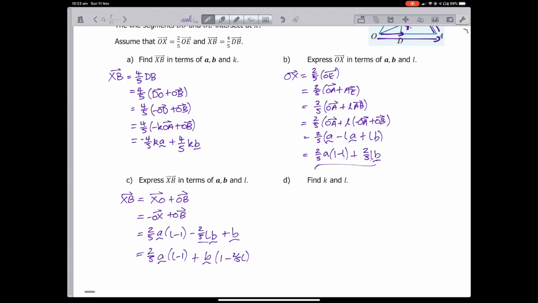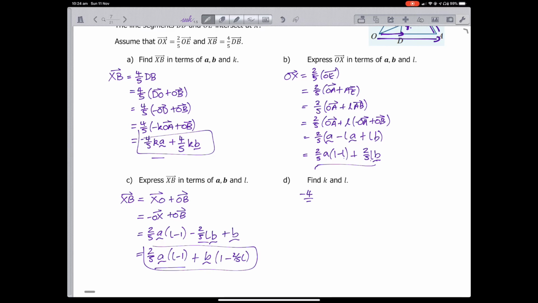Okay, find K and L. So we've got XB in terms of K, and then we've got XB in terms of L. So we know negative 4/5 K A has to equal 2/5. Because we've got components in terms of A, and we've got components in terms of B, we just equate the coefficients.